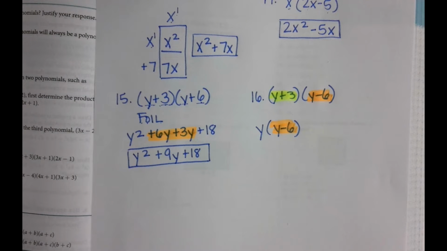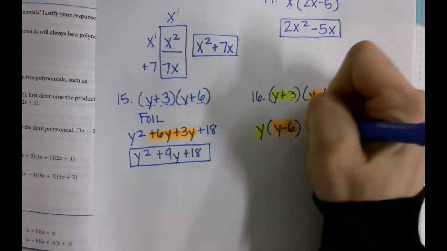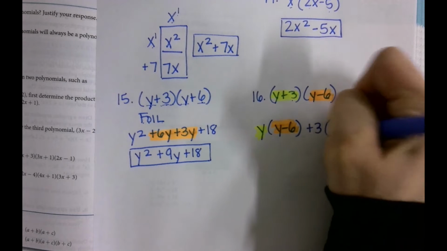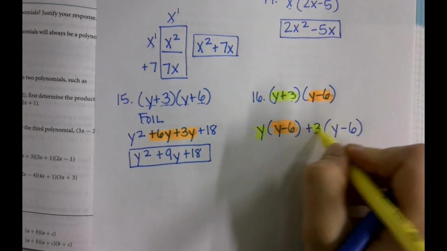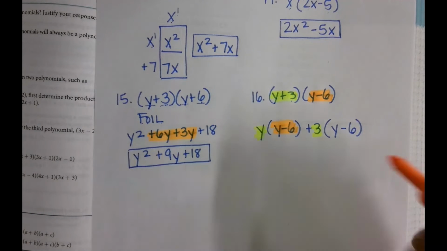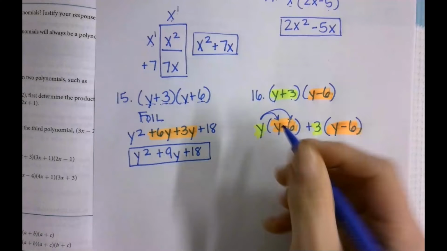So y from the first. Then I'm going to take out this plus 3 and also multiply or distribute it to the y minus 6. So we break up y plus 3 and we multiply both those terms by y minus 6.